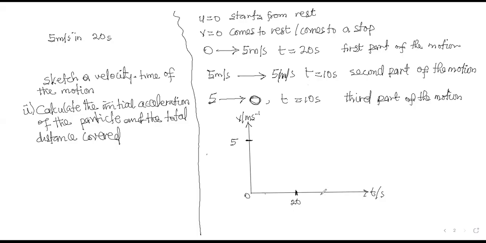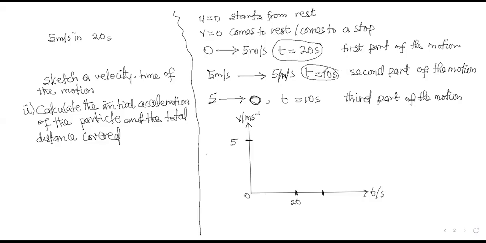The next time is 10. The values on the time axis are cumulative, they add on. So during the first part of the motion, a time of 20 seconds was used. During the second, a time of 10 seconds.